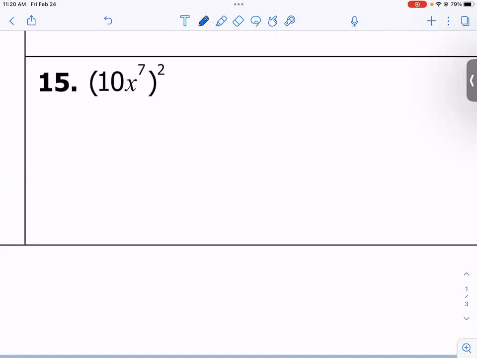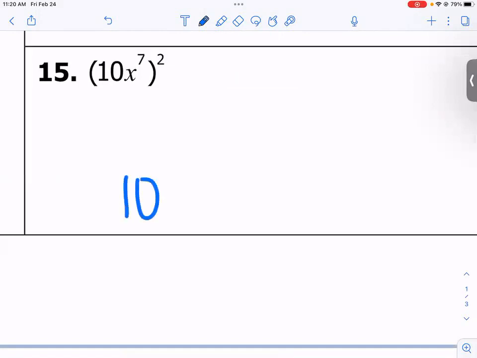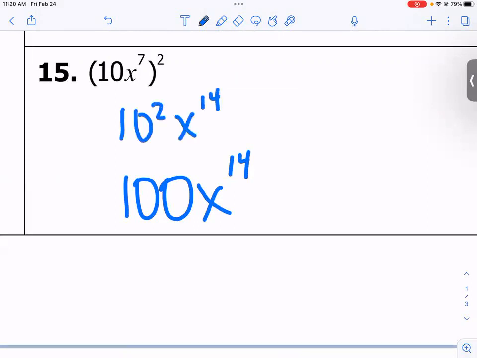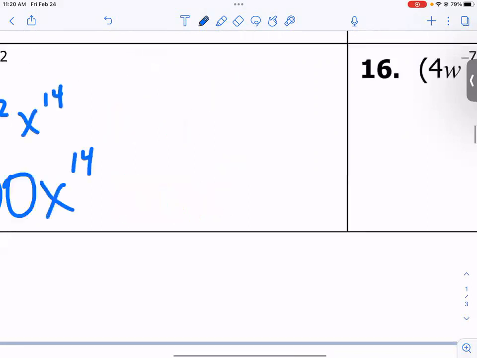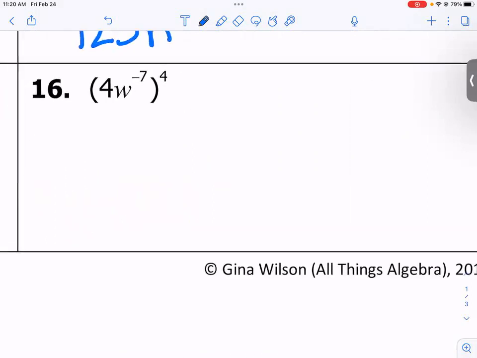All right, so going back to number 15. Ryan, what did you get for number 15? How do you feel about Ryan's 100x to the 14th? Okay, we have 10 squared times x to the 14th. I really like that. Okay. All right. How about number 16?